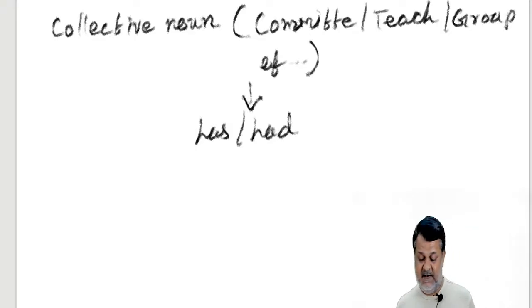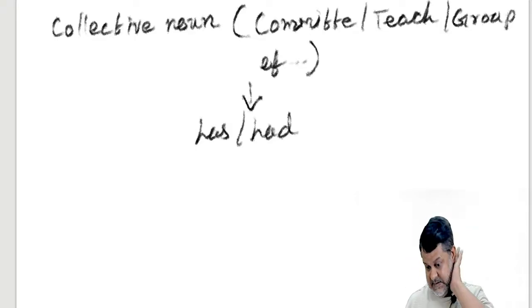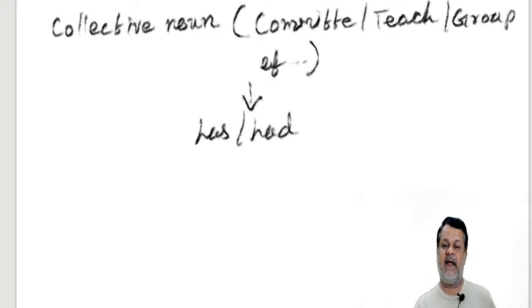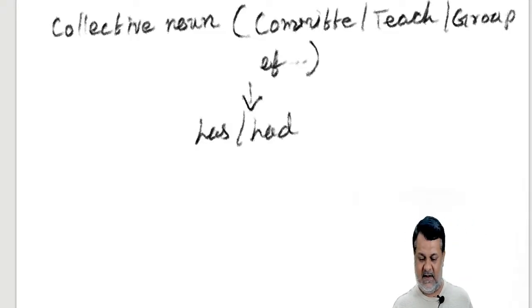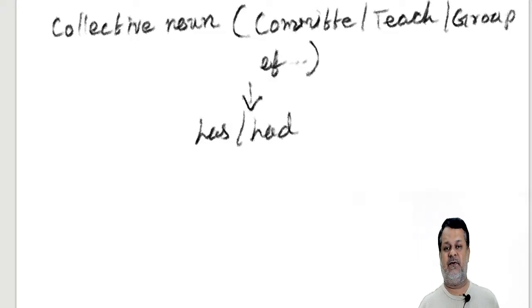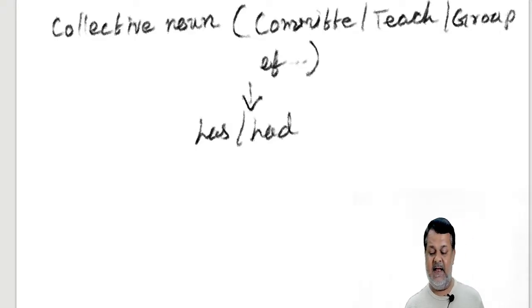So these are basically to do with nouns and then subject verb agreements too. Whenever you are writing, please be aware of these simple nuances. I, though it is singular, is always followed by have or had, and then we, they, all of them are followed by have or had. Have is in present, had is in past. Collective nouns will always be followed by has or had.